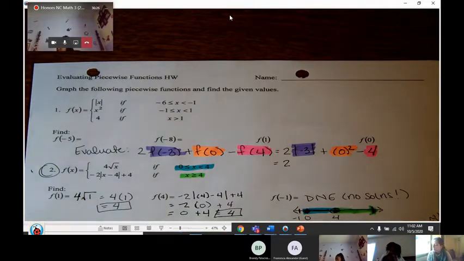Tanaya, what's the absolute value of -3? Do we multiply? So absolute value, you just take the number that's inside and make it positive.